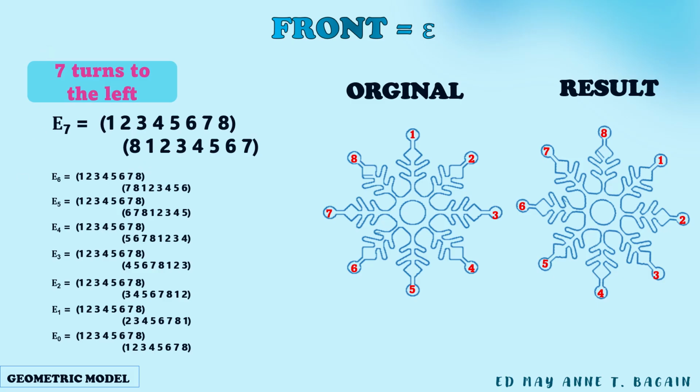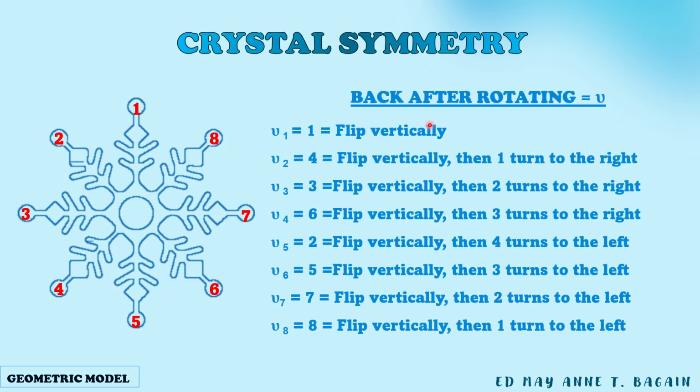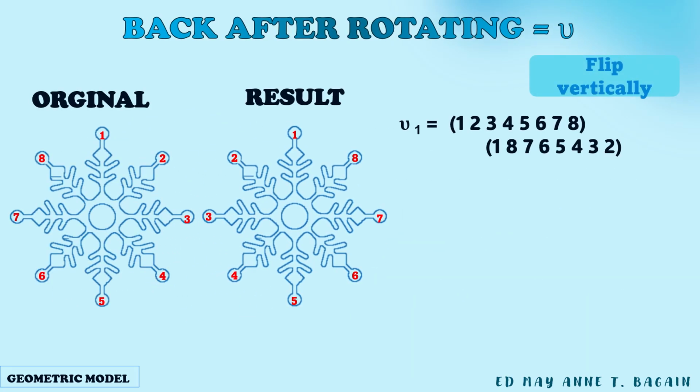So now that we know all of the movements for this, let's move to the next one, which is the crystal symmetry back after rotating. Okay, so let's check. As we can see, from original to result. Flip vertically.